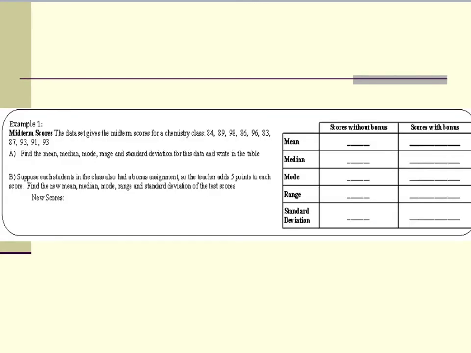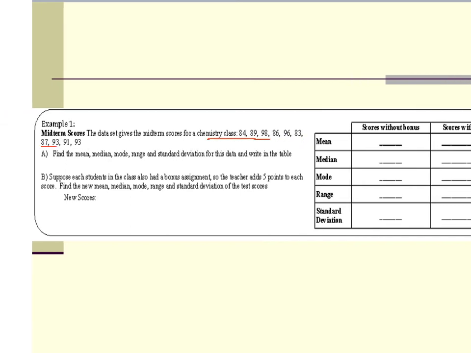Okay, so take a look. We give you some data for a chemistry class midterm. These are percentages based on how the students did on their chemistry midterm. Now, what I want you to do is put these data points right here into your calculator.